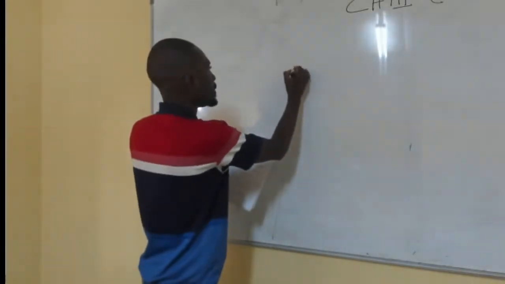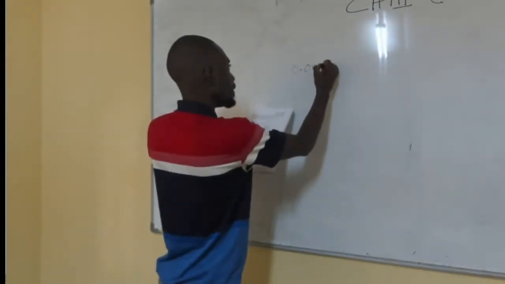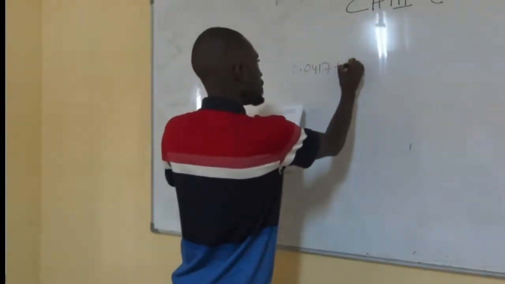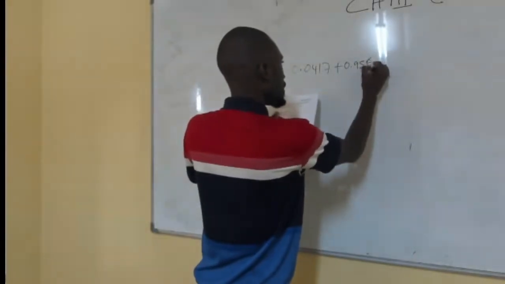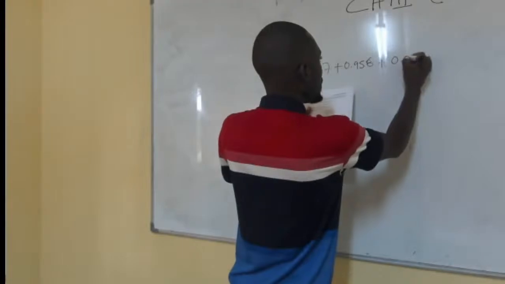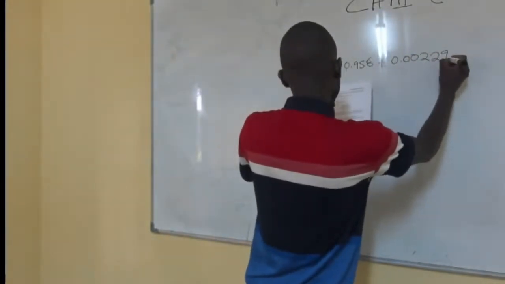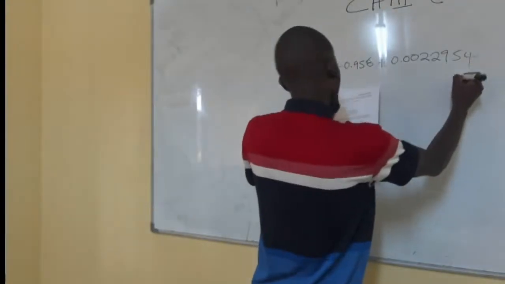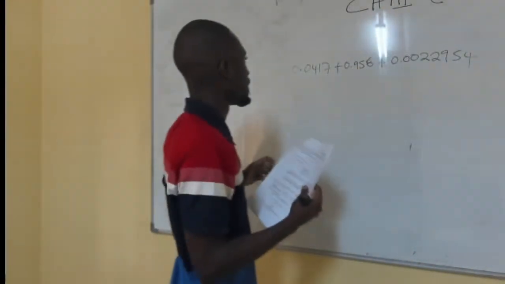So you are given 0.0417 plus 0.956 plus 0.0022954. Yeah, then you are told to sum up all this.